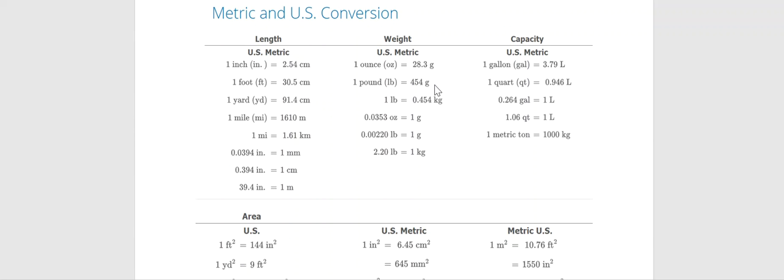So right here on the top, 1 inch is 2.54 centimeters. Again, you might notice there's more than one option. I don't care which one you use. I'm going to use the 2.54 just because I'm more used to that one. Sorry, I got a little something in my throat.